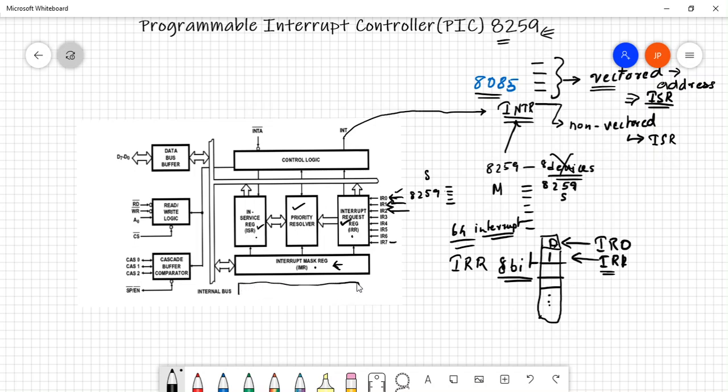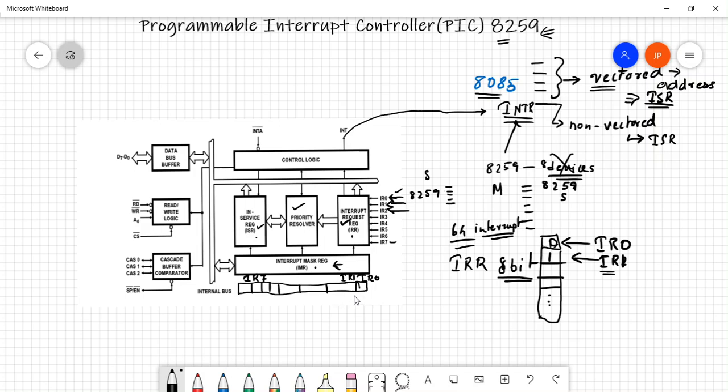Each bit corresponds to each interrupting pin IR0, IR1, IR2 all the way up to IR7, right? So this is IR0's bit, IR1 has another bit all the way up to IR7, right? So 1 2 3 4 5 6 7 8, right?